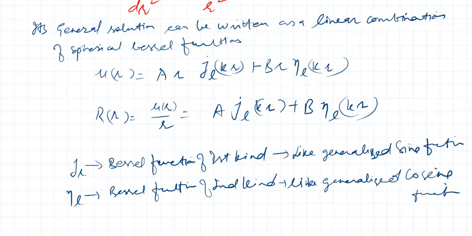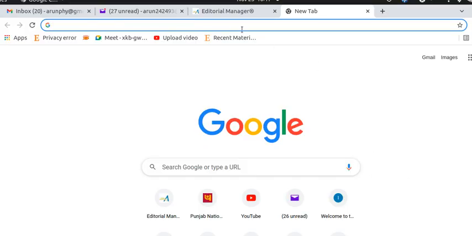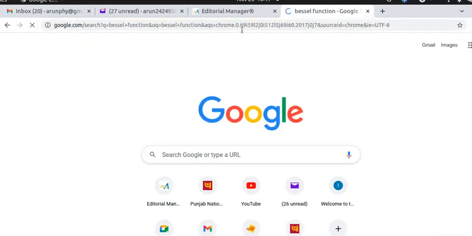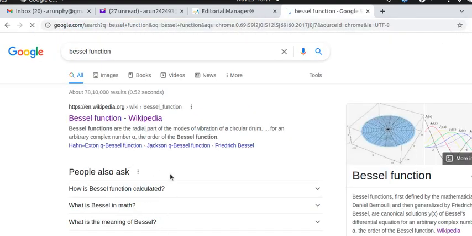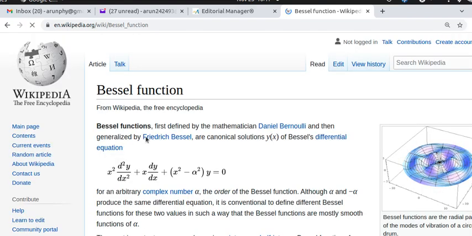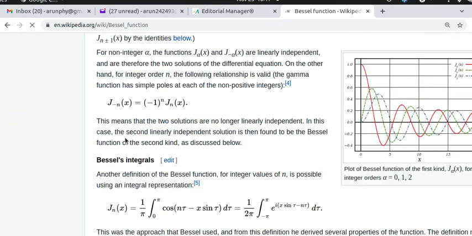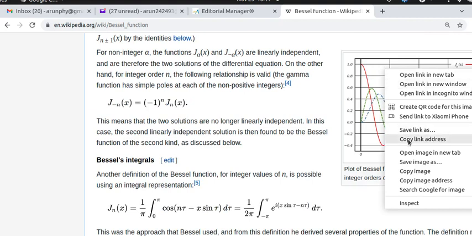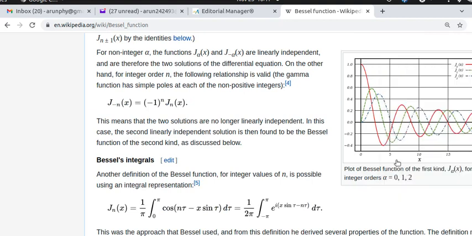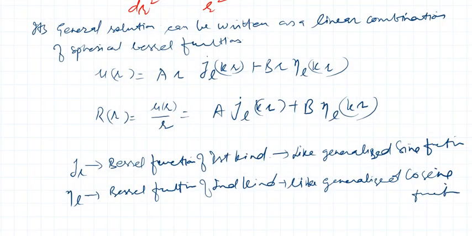Let me show you their plots. Let me go to Wikipedia and let us try to see their plots, just how it looks. This is the first kind of plot, and then I will show you the second kind also.